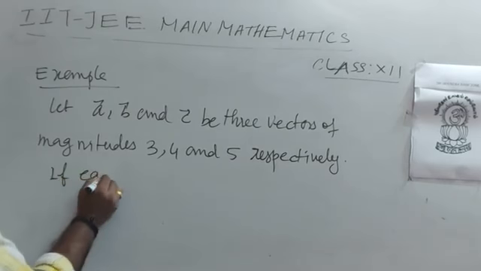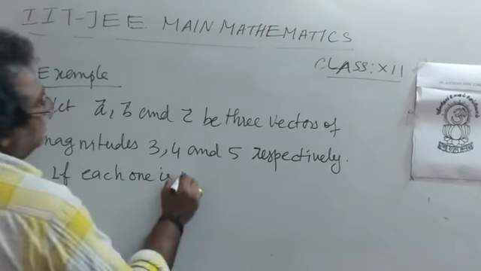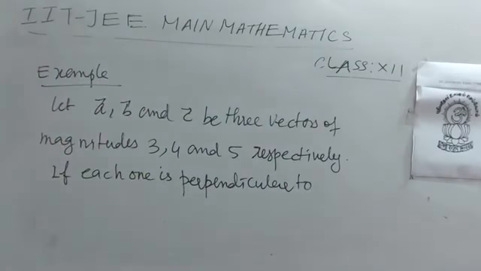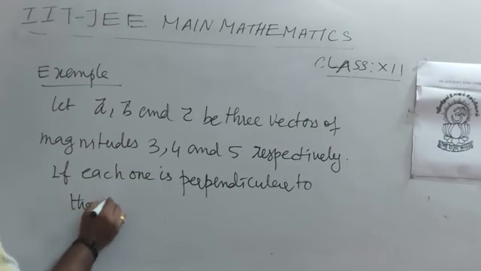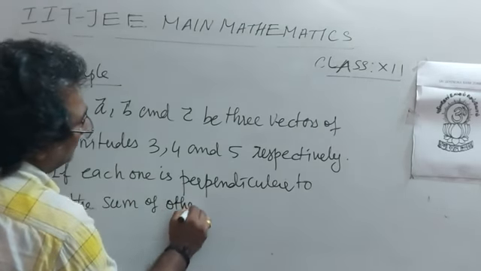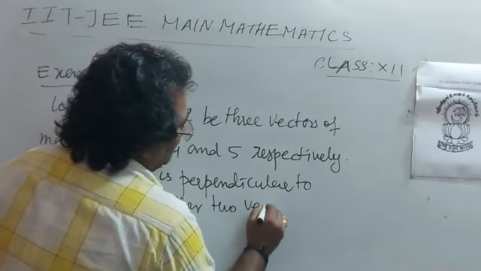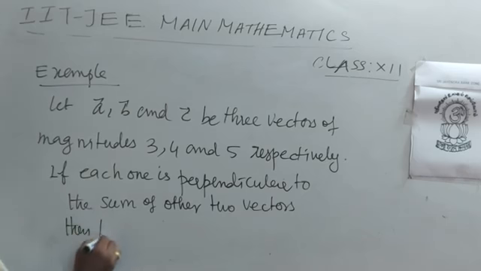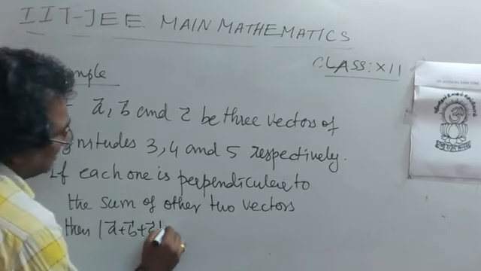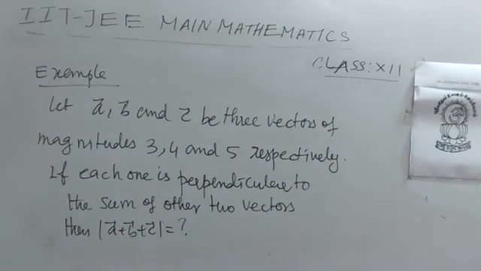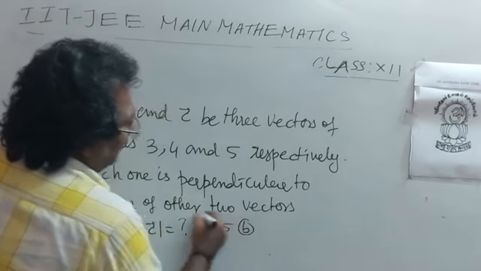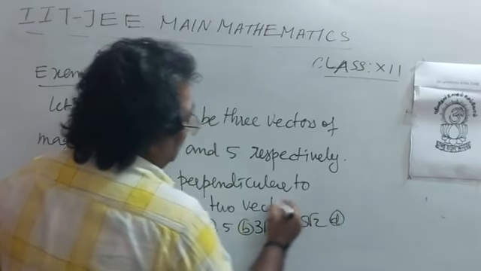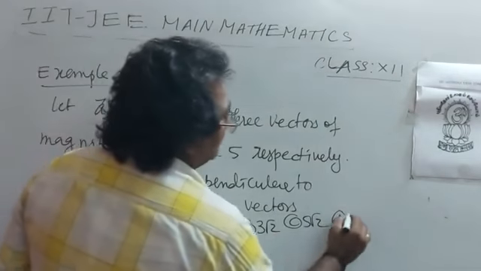If each one is perpendicular to the sum of the other two vectors, then modulus of A vector plus B vector plus C vector equals: option A 5, option B 3 root 2, option C 5 root 2, option D 12.